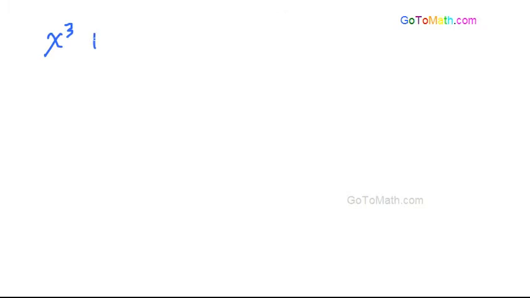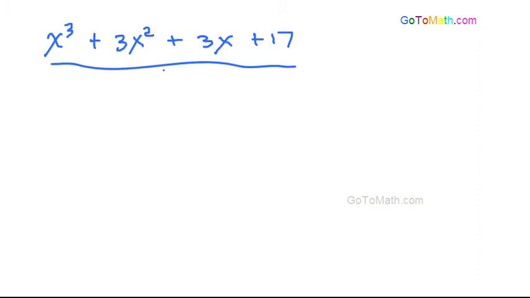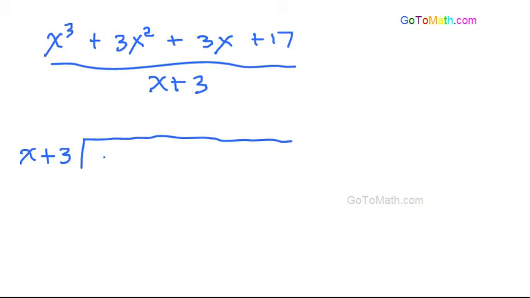X cubed plus 3x squared plus 3x plus 17. Alright, so we have x plus 3, and that goes into x cubed plus 3x squared plus 3x plus 17.